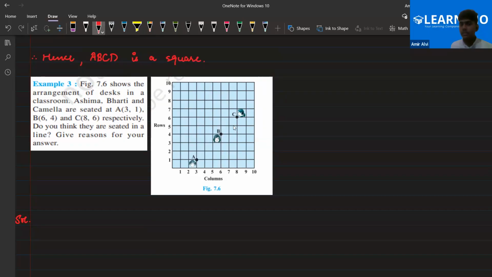And if the distances getting added or subtracted are equal to this portion, then it means that they are seated in a line. Do you get my point, Gianna? Yes, sir. Okay, so try it and let me know whether the distances are equal or not. Try it. If not, I will explain. Okay, sir.